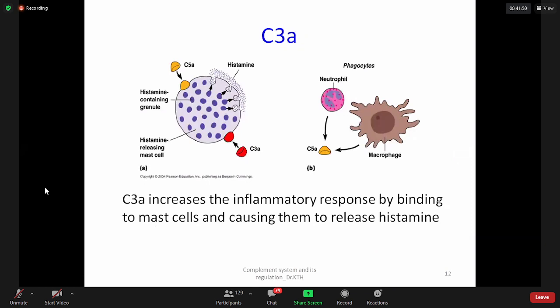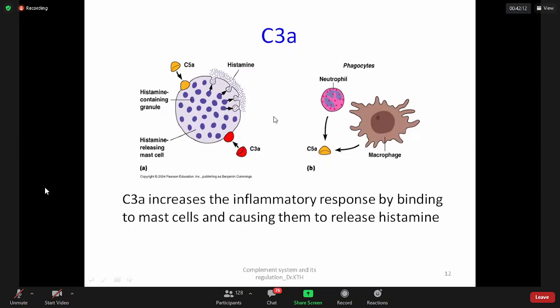And yet we said also that C3A and the C5A will also bind on mast cells. And when they bind, they end up activating release of these granules that are containing histamine.